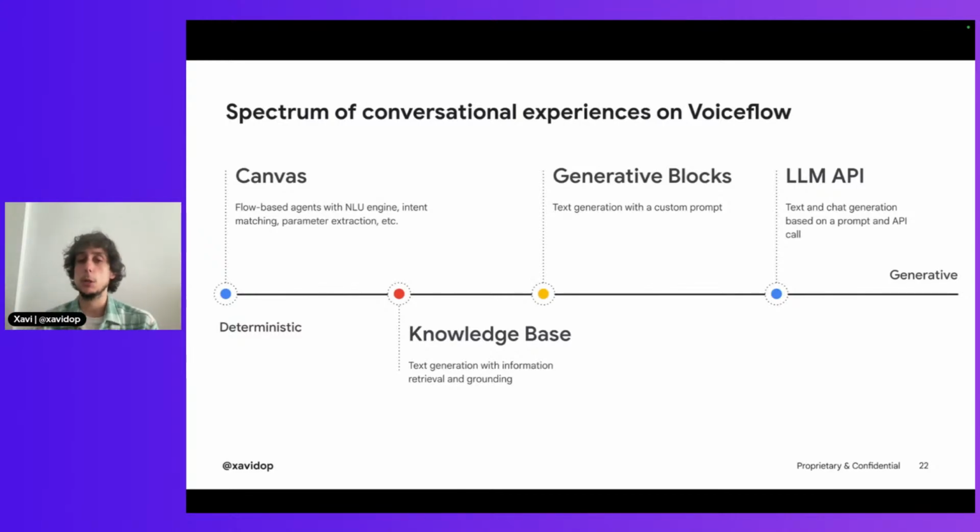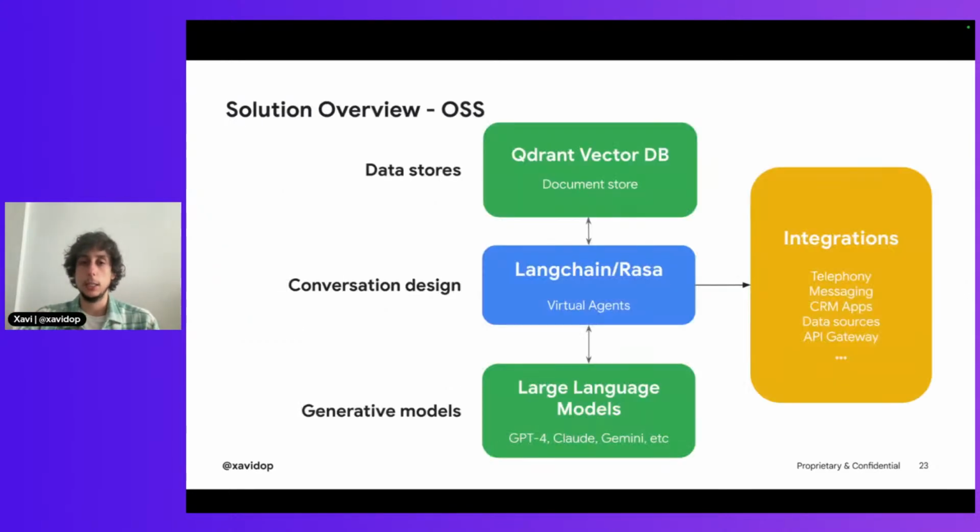There's another block specifically to call an LLM, which are called generative blocks. You can choose the LLM that you want to call, and then the LLM settings, and then you can use VoiceFlow functions to call any LLM API. So that is from more deterministic to more generative.